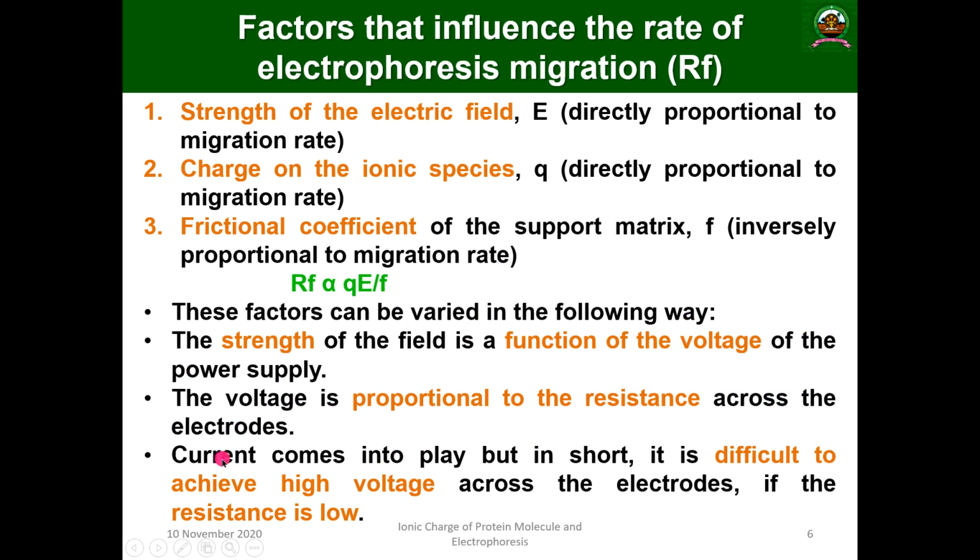Okay, when the current comes into play, it is difficult to achieve high voltage across the electrode if the resistance is low. If the resistance is low, even if the current comes to the electrode in a short manner, it is very difficult to achieve a high voltage across the electrode.